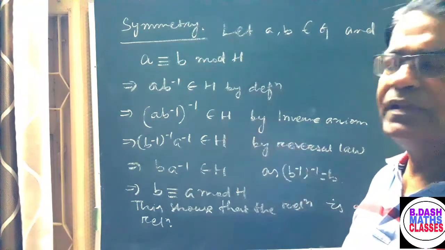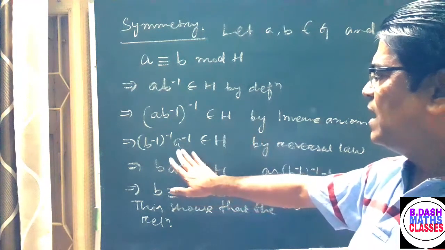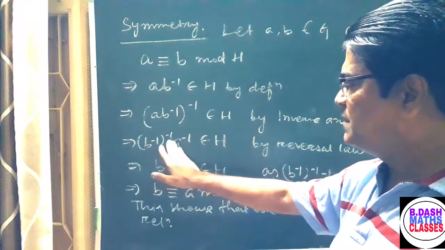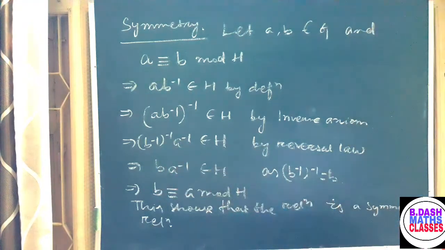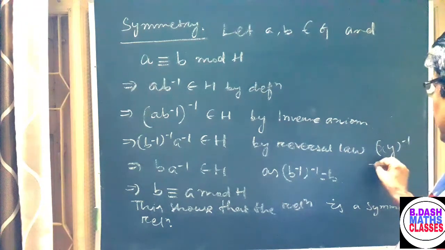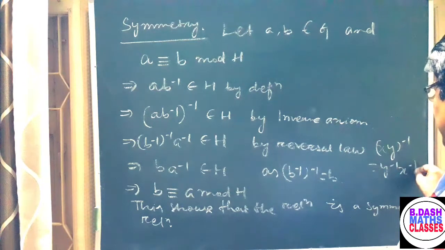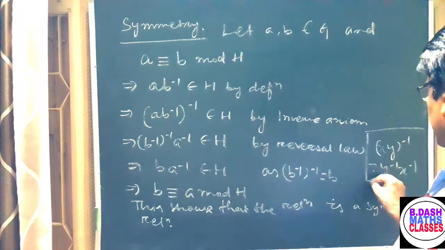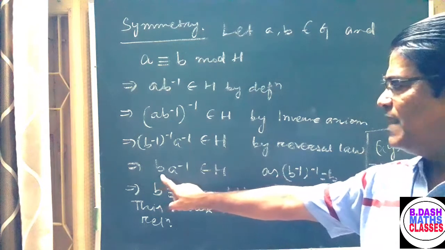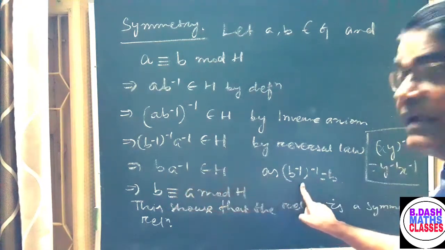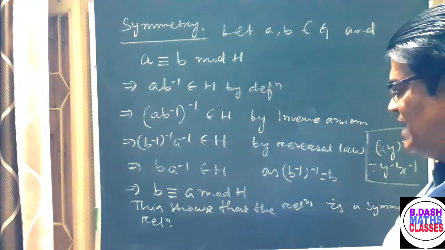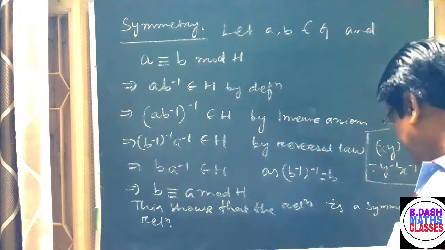Definitely the inverse property is also satisfied by the elements of H. Now the inverse of a b inverse is b a inverse by the reversal law, because we know x y inverse is equal to y inverse x inverse. So this is called the reversal law. So this implies b a inverse belongs to H, as the inverse of a b inverse is equal to b. So b congruent to a mod H. This shows that the relation is a symmetric relation.